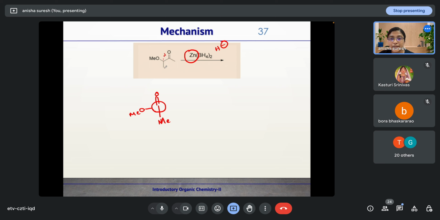hydrogen below, methyl above. If we rotate it, it will come like this. Me, OMe, hydrogen. Okay, now this will coordinate with zinc.